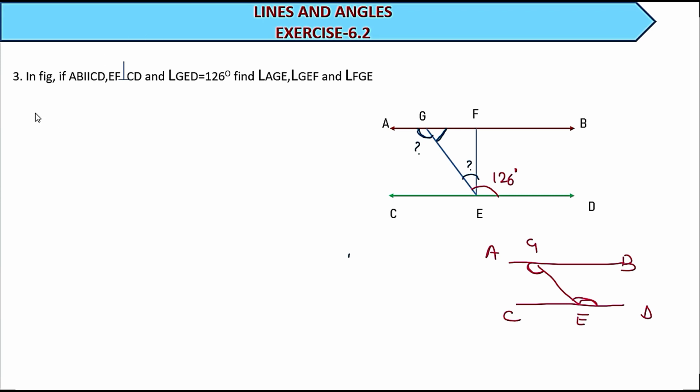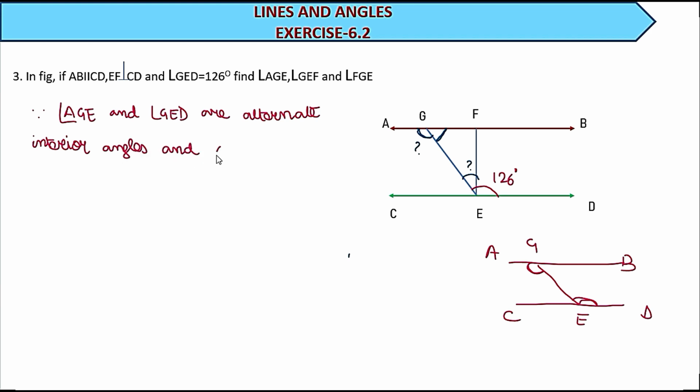So since angle AGE and angle GED are alternate interior angles and AB is parallel to CD, we can write angle AGE equals angle GED equals 126 degree.